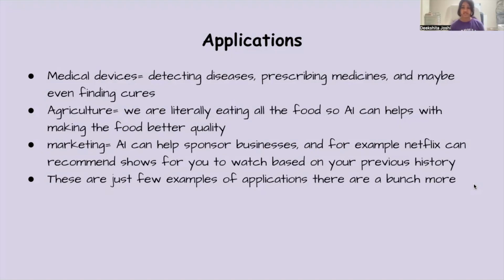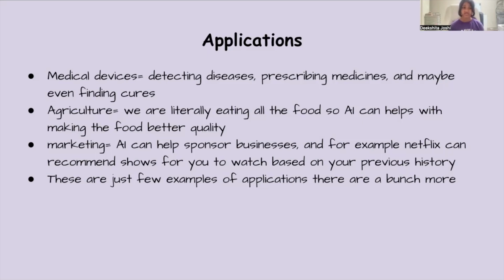Some applications AI can be used in, I just listed a few examples. There are a bunch more, so I want you guys to also look out for some applications and maybe test them. Medical devices: detecting diseases, prescribing medicines, and maybe even finding cures.